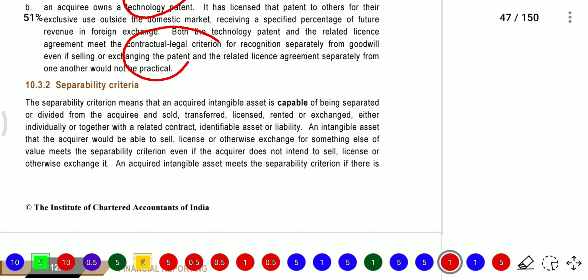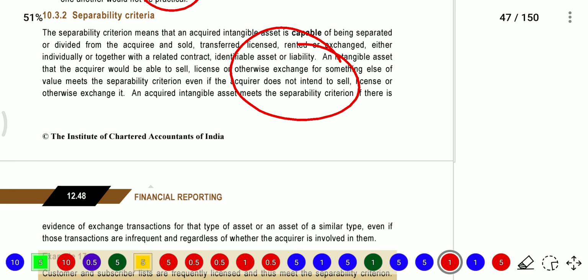Now, if the acquirer is able to sell or license an intangible asset, it meets the separability criterion, even if the acquirer does not intend to sell or otherwise exchange it. So such acquired intangible assets meet the separability criterion.